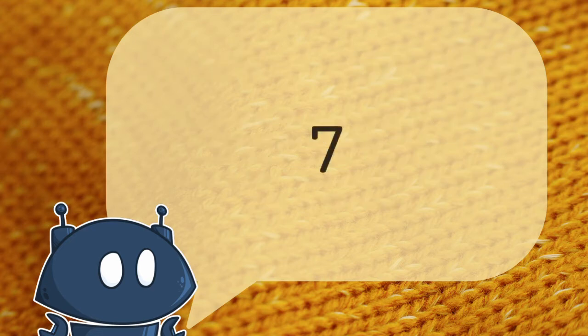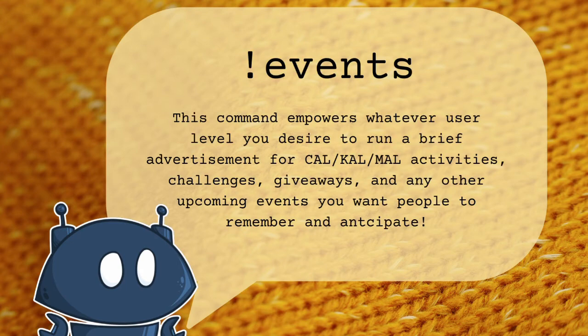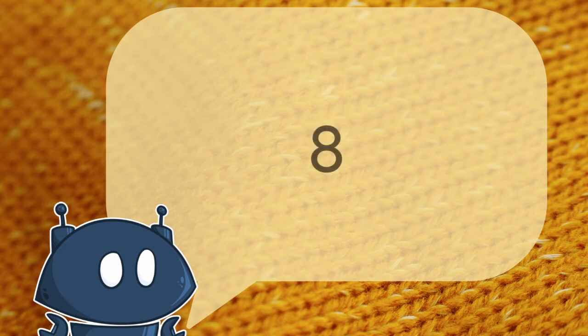Number 7, events. Our community does a lot of giveaways, has fun challenges, celebrates birthdays, and holds a lot of make-alongs. All of those things can be listed in an event command. Number 8, Facebook.